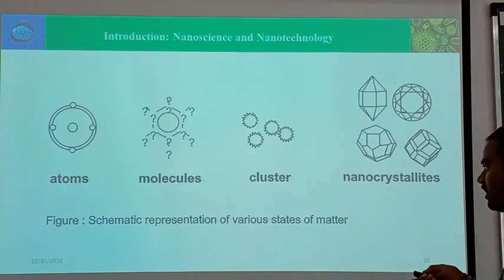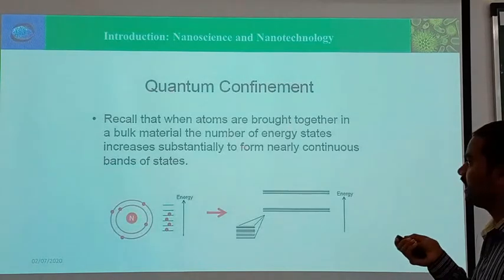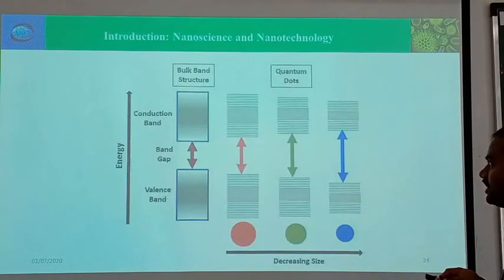So this is a schematic representation of the various states of matter, and the basic phenomenon that occurs at the nanoscale is quantum mechanics. These quantum phenomena, quantum confinement effects, we will discuss in our next lecture.